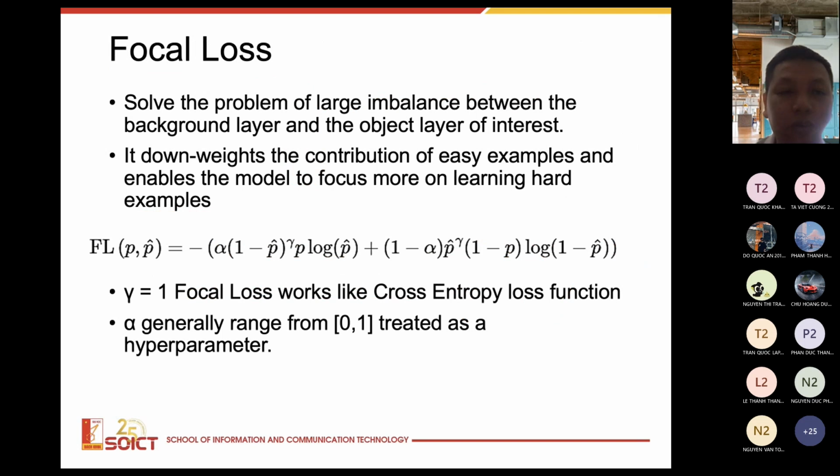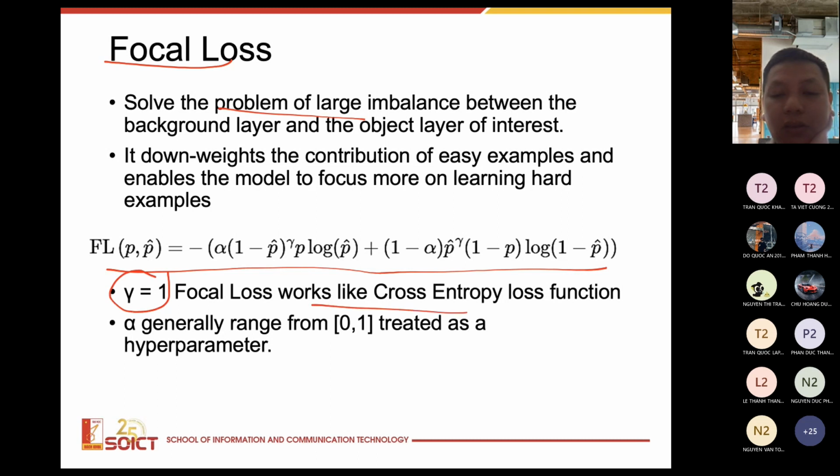You can also use the focal loss. And the focal loss here addresses the problem of class imbalance between the background class and the object class of interest. So the loss downweights the contribution of easy samples and enables the model to focus more on learning hard examples. And this is the formulation for the focal loss. If you have that gamma parameter equal to 1, then it works like the cross entropy loss, right?